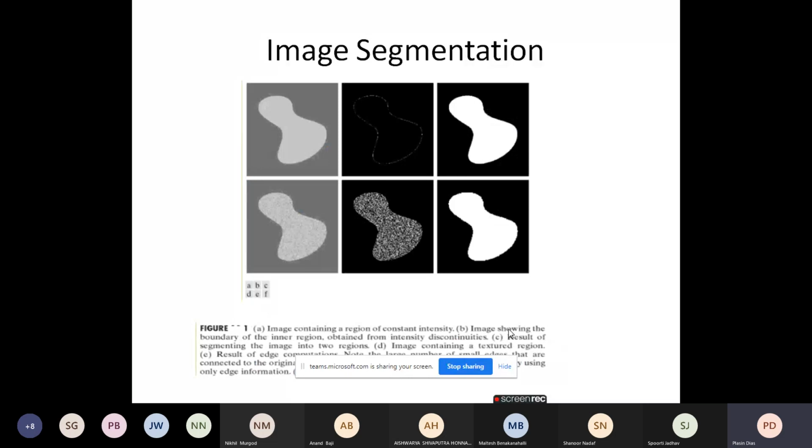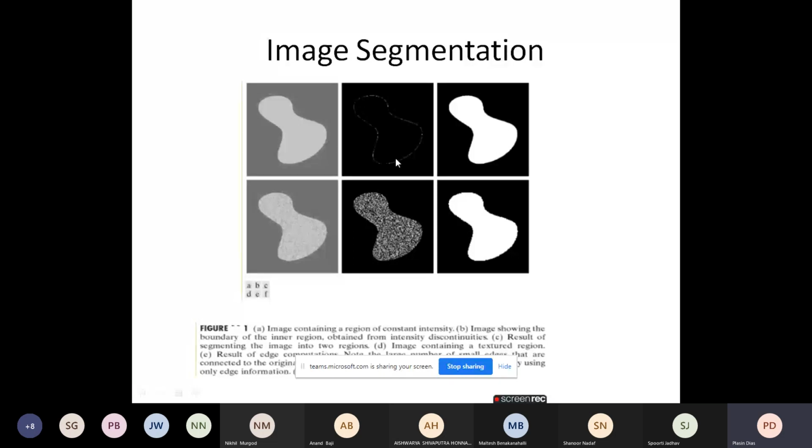One more application related to image segmentation has been highlighted to understand how things will work. Here an image containing regions of constant intensity is considered for A. Then B, C, D, and F. For the second image, it is the boundary of the inner region, obtained from intensity discontinuity.